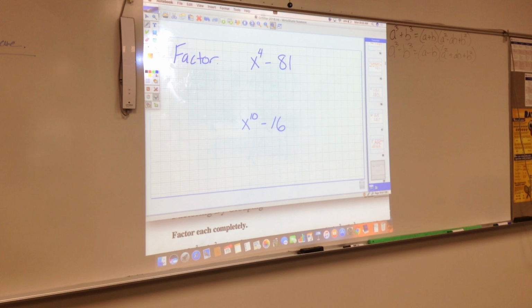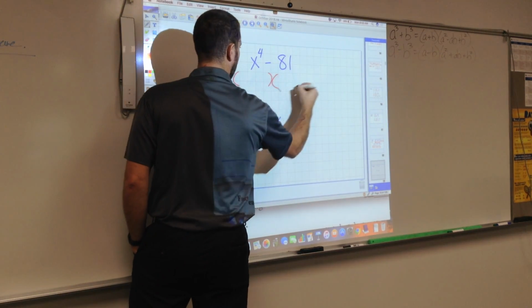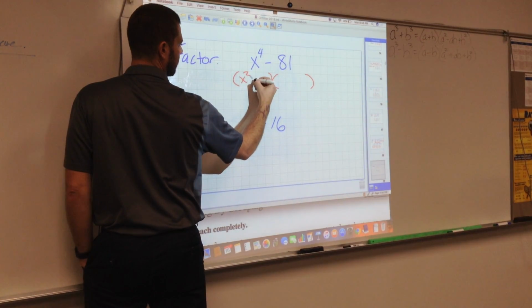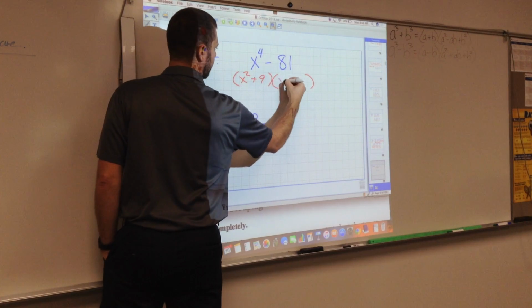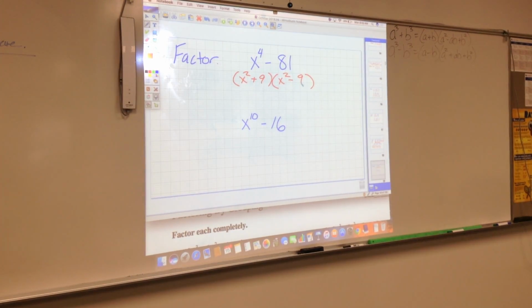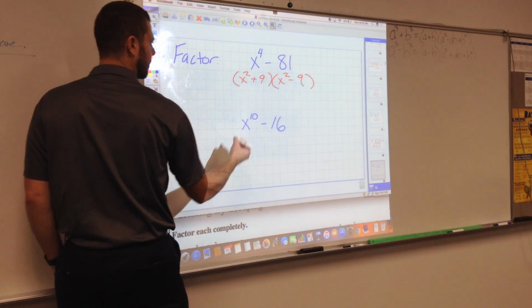x to the 4th minus 81. That is the difference of two perfect squares. What are my factors? x squared plus 9 and x squared minus 9. But are you done? No, you can keep going. x squared minus 9 is also the difference of two squares.